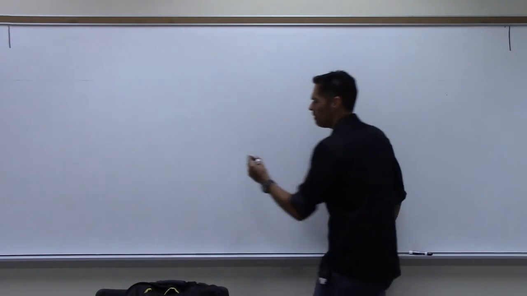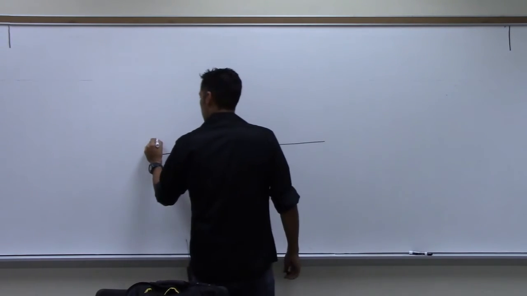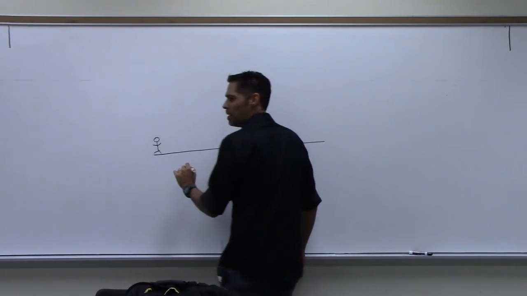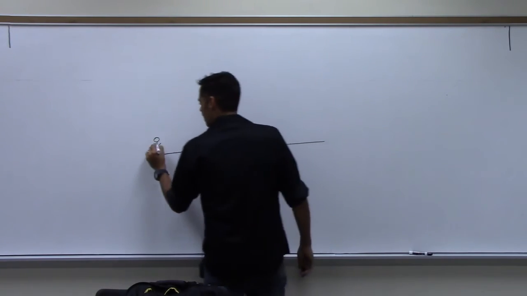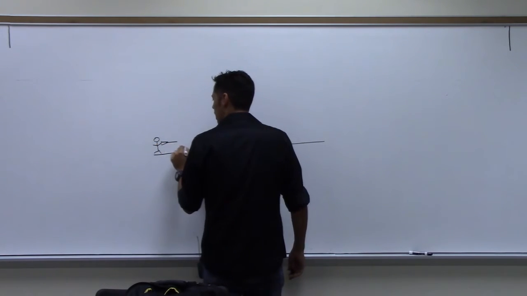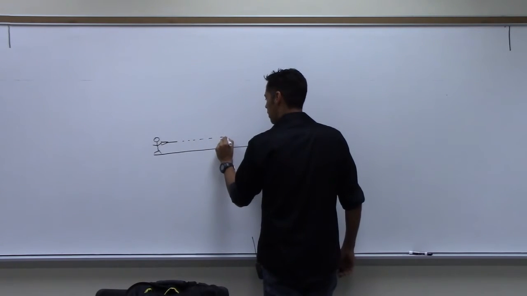So if you were to sit here, right, and let's say you were standing, you are highly impressed with my stick figures, aren't you? All right, so I'm sitting here and I have a gun, all right? And I take this gun and I shoot a bullet out of this gun. One bullet, but that just represents the bullet's path, okay?